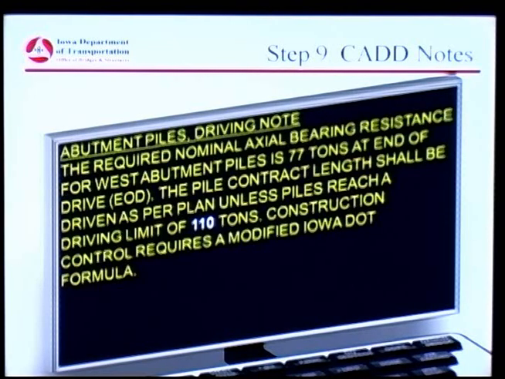The contract length shall be driven as per plan unless piles reach a driving limit of 110 tons. Construction control requires a modified Iowa DOT formula. So it's specified in the driving notes what the construction control method is, what the target driving resistance is, and the driving limit for timber pile.